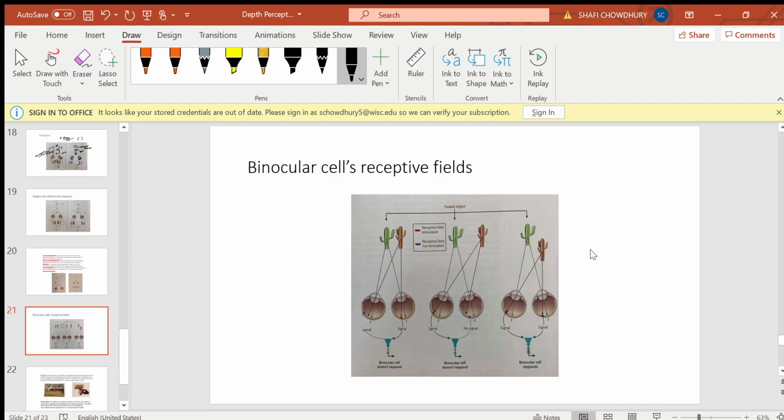Okay, now the last thing. You already know that inside the MT you have direction as well as disparity sensitive neurons, right? You must remember the patches I showed you: far, near, far. So these neurons respond to far.